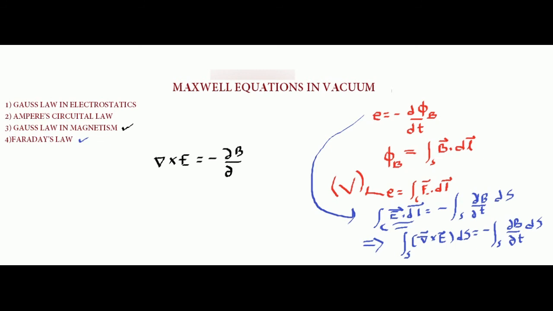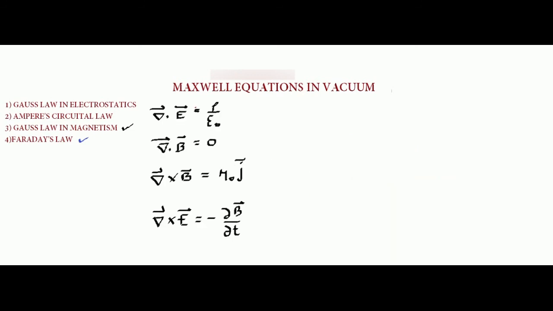Agreed? You see, again let me emphasize the point: what Maxwell did was convert all the integral forms of equations into the differential form. Let me write all the Maxwell equations together. These are the famous four Maxwell equations.